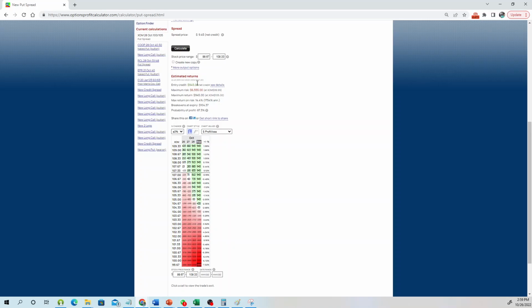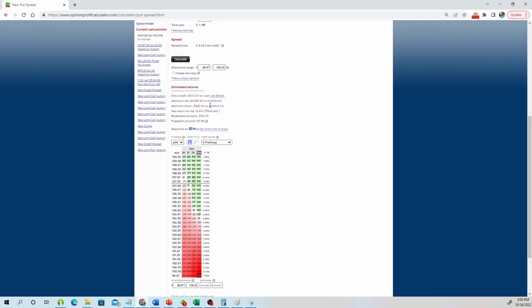Now, the cool part about this site, optionsprofitcalculator.com, is it actually will show you the probability of profit. So based off of this spread setup, I'm looking at an 87.3% probability of profit. If I hold it for the next couple of days, it only has to last till Friday. As long as it stays above my 105, I'm going to walk away with a full profit.